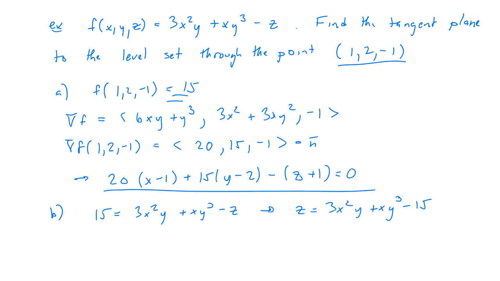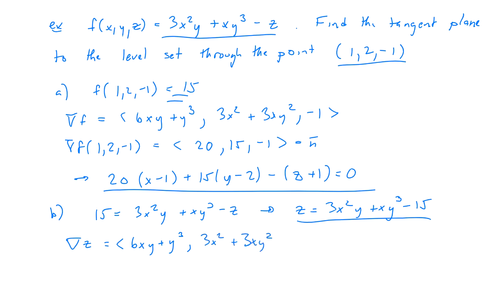And so from our previous section, we had it in this form. In this form we have z as a function of x and y implicitly. So we do it one way. Here we can actually get it explicitly in terms of x and y, and so we get the gradient in terms of z, which is of course the same as what we have above, except without the last variable.